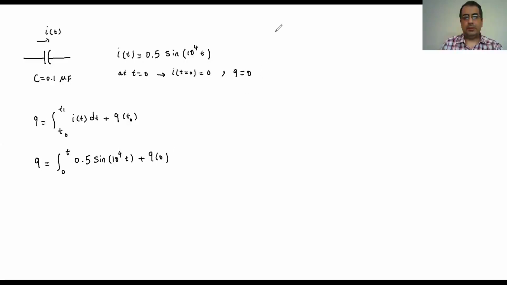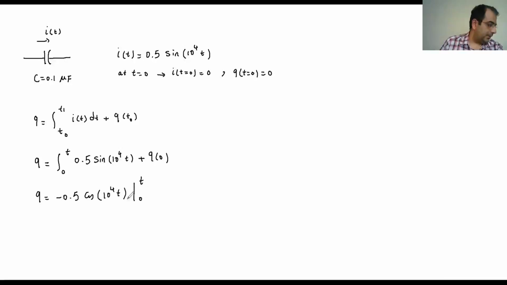So we assume the Q at t0 is also 0. So this is the Q. That's a simple integration. If you solve that equation, you're going to get negative 5 cosine 10 to the 4 t, and then you have to evaluate it between 0 and t.